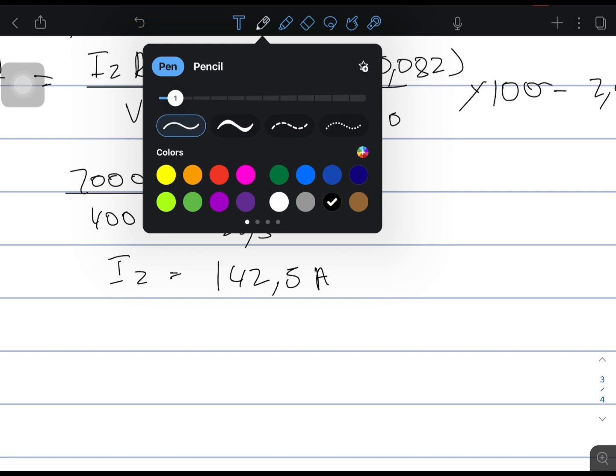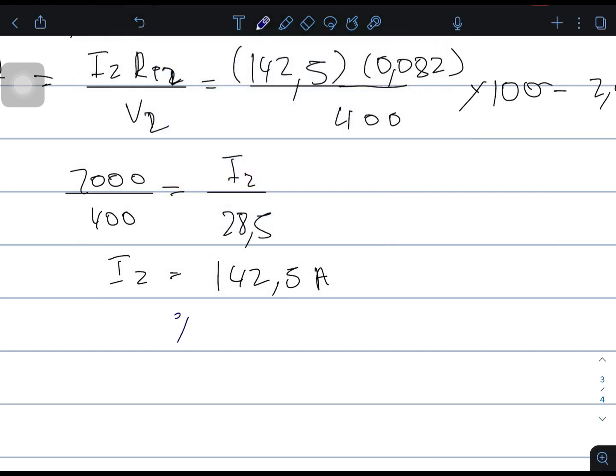Then it says express the impedance in percentage form. Percentage impedance equals percentage resistance plus j percentage reactance.